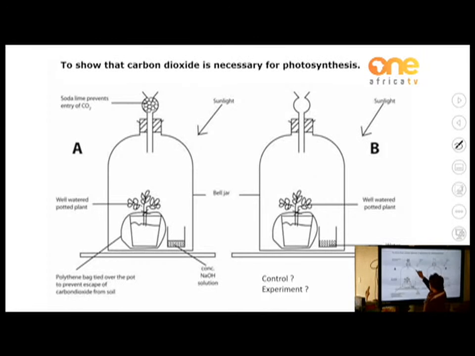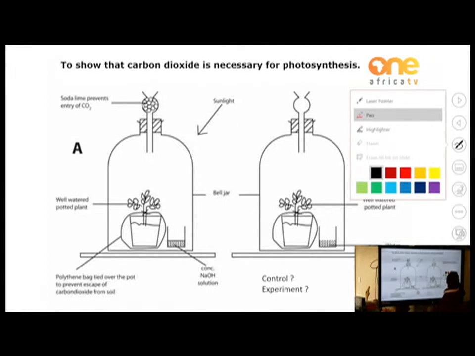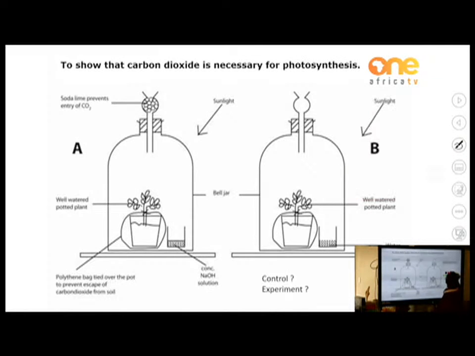I have a bell jar, and normally we can even seal it by having Vaseline, petroleum jelly, added here at the bottom, to make sure that it is really sealed off. And we will do everything on both investigations.